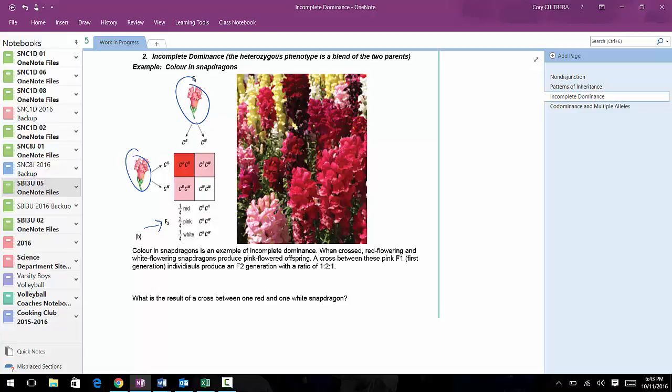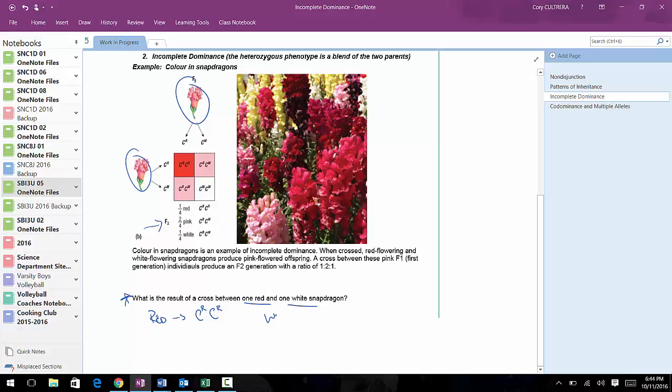So in this case, this question here is asking us what's the result between a red snapdragon and a white snapdragon. So let's start off first by writing our genotypes for these two parents. So for the red, we would have a capital C and an R, and again a capital C and an R. And again, that's the only way we'll get a red flower in this case, if it has two copies of the red allele.